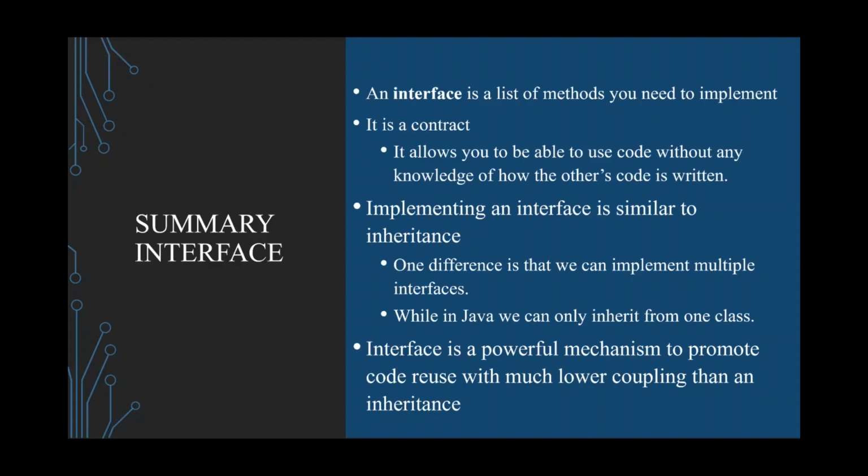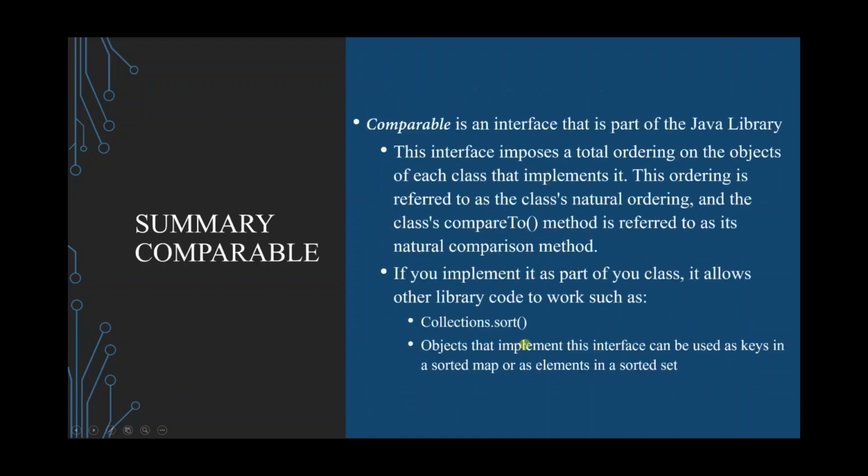The only difference is that you can implement more than one interface, but you cannot inherit or extend more than one class. Interfaces are a powerful mechanism to promote code reuse with much lower coupling than inheritance, because inheritance is a strong relationship.